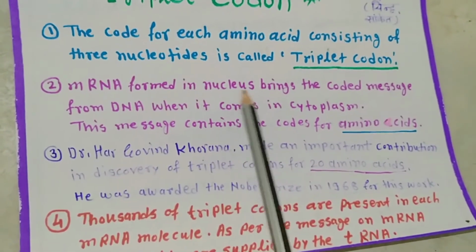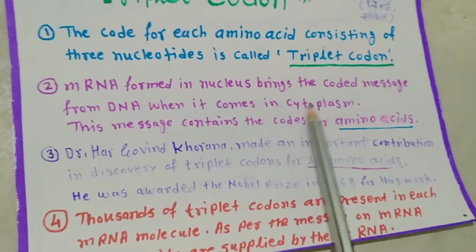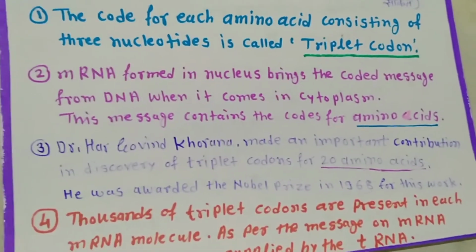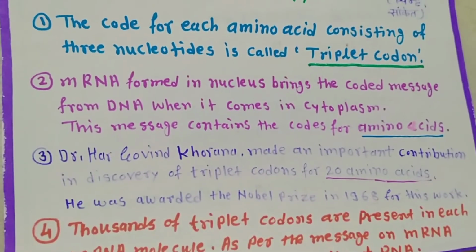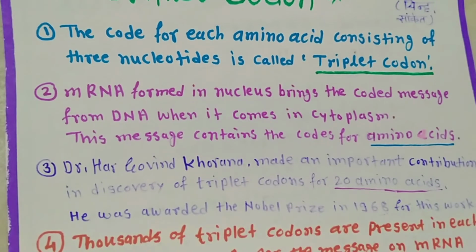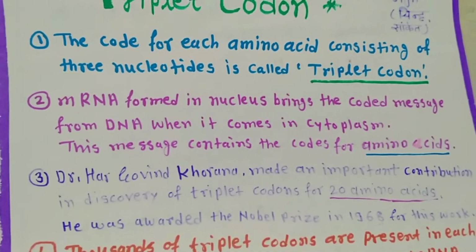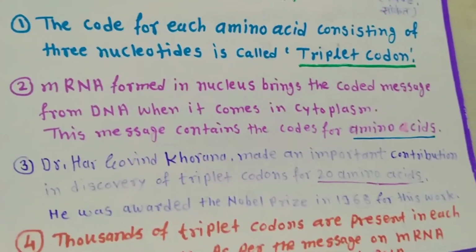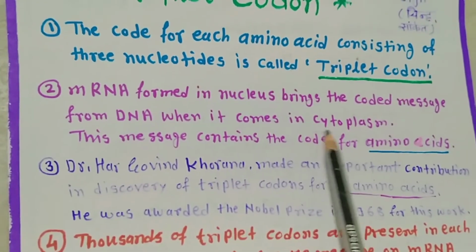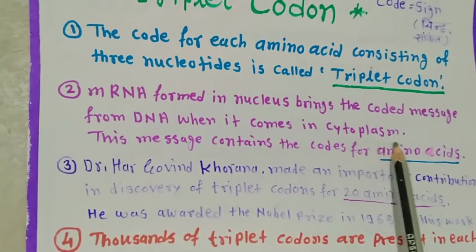Messenger RNA formed in the nucleus brings the coded message from DNA when it comes into the cytoplasm. The information stored in the DNA is copied by the messenger RNA, which then exits the nucleus and comes into the cytoplasm, the cell material.